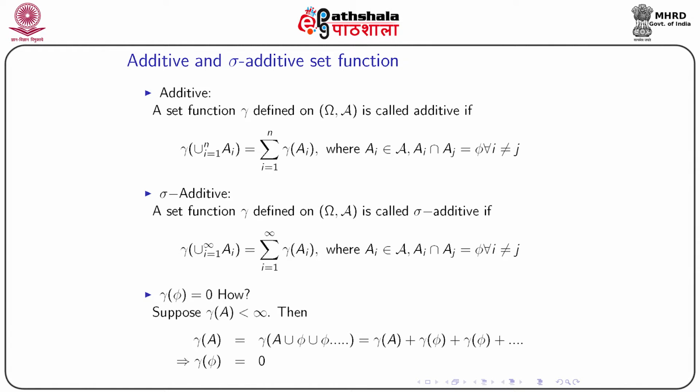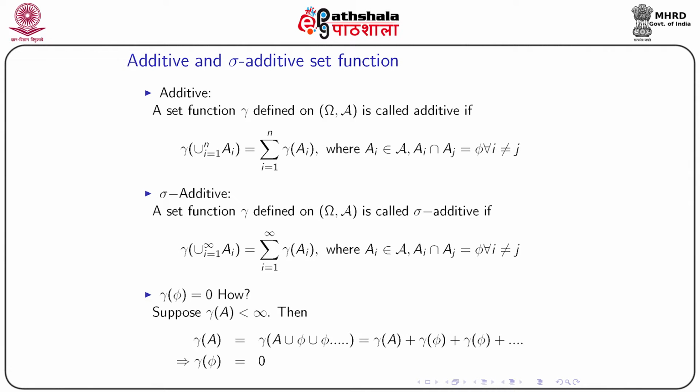That means we are considering all disjoint sets. So, the concept of additive and sigma additive is just an extension: where n is finite we are considering an additive set function, and when n is infinite we are considering a sigma additive set function.